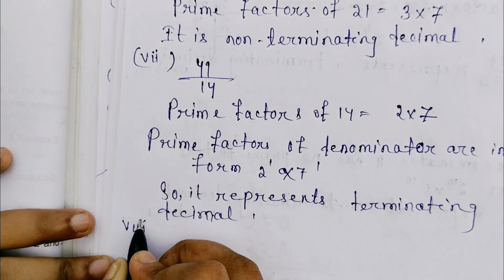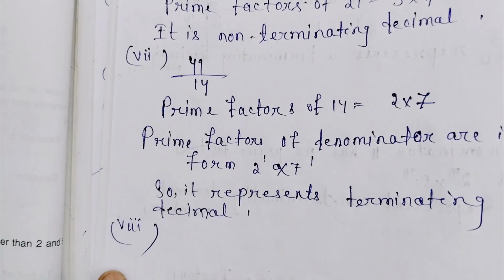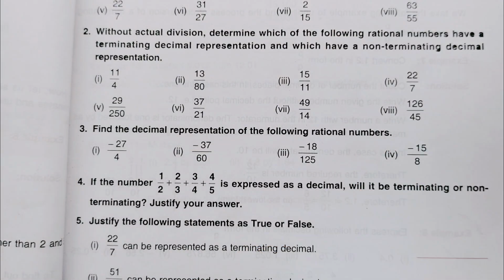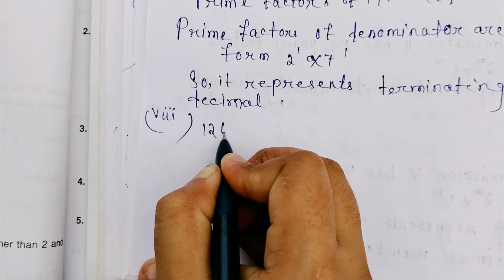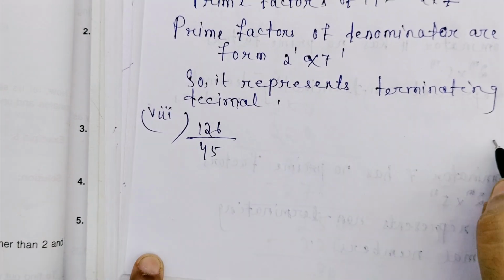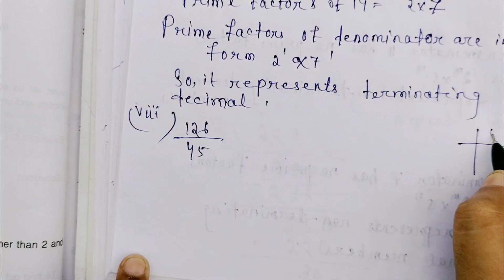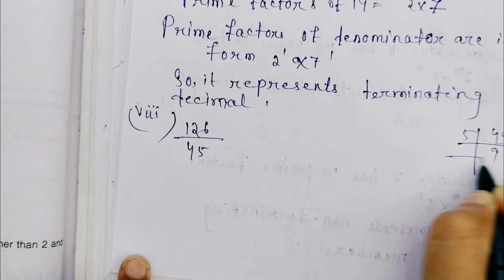Now we solve another point, VIII. 126 by 45. First we find the prime factors of 45. 5 9 is 45, 3 3 is 9.